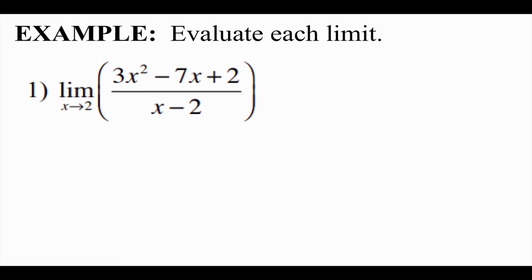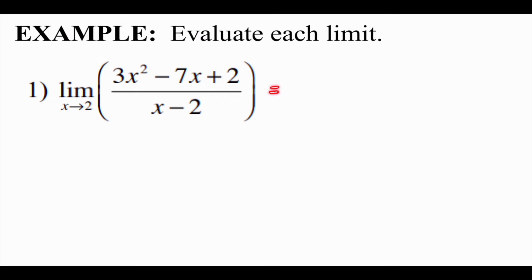That's the limit. Let's say I plug in 2 everywhere there's an x, and let's say I get a number, 1/4, or -8. I'm done, right? That's it. My answer is that number.